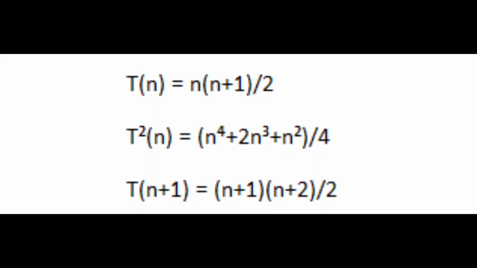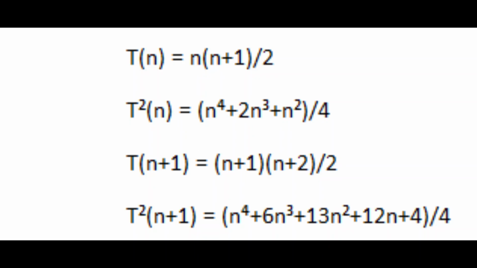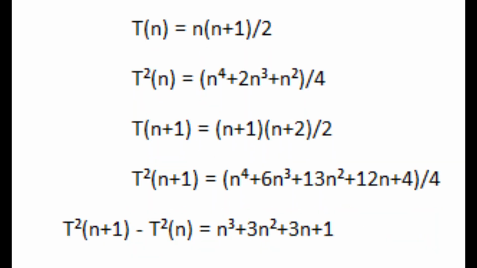First, the triangle number of n is n plus 1 times n over 2, and if we square that, we get this formula. Then if we go up 1, we just add 1 to n plus 1 and add 1 to n, and we do this arithmetic, and we get this formula. Then what we do is subtract t of n squared from t of n plus 1 squared, and the result is this number.